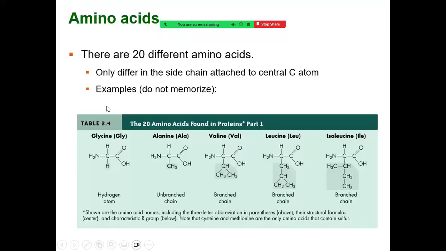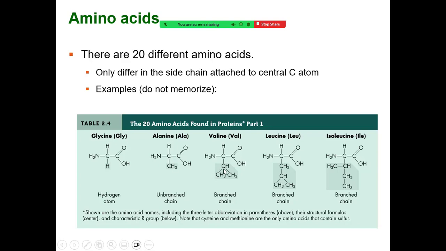So don't memorize them. The simplest amino acid, having the simplest R group, is glycine, which simply has a single hydrogen atom attached. Come on, mouse. For some reason, my mouse died. There it is, attached to the central carbon. You can have a nonpolar group like methane attached to the central carbon, and that's what happens in alanine.